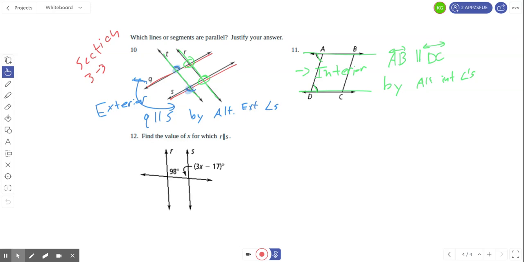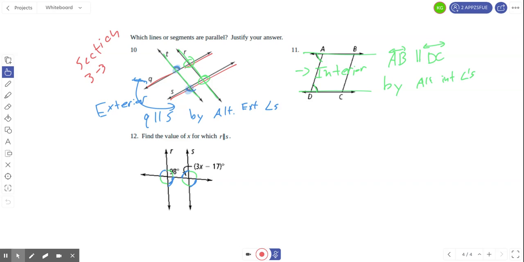All right, for number 12, we're going to find the value of x for which r is parallel to s. If r is parallel to s, then we know that I'll mark these angles, all the corresponding angles are congruent, and the non-corresponding angles. So let's put it this way.